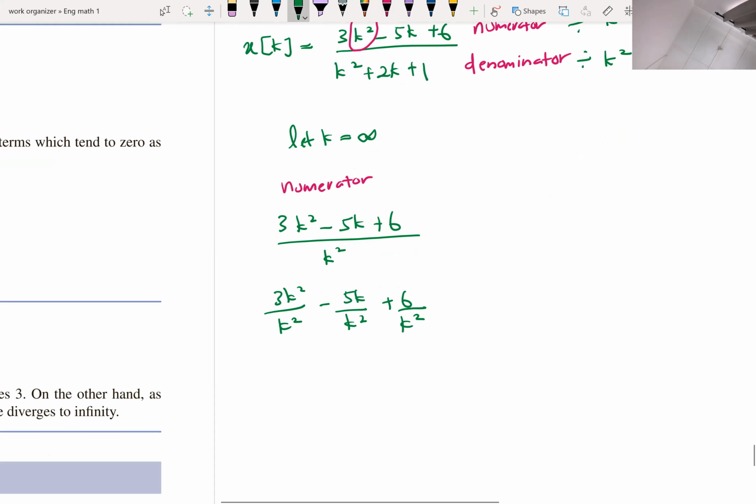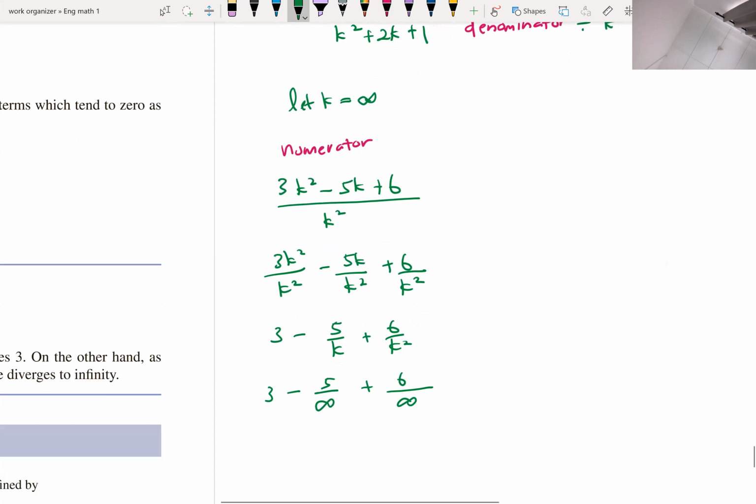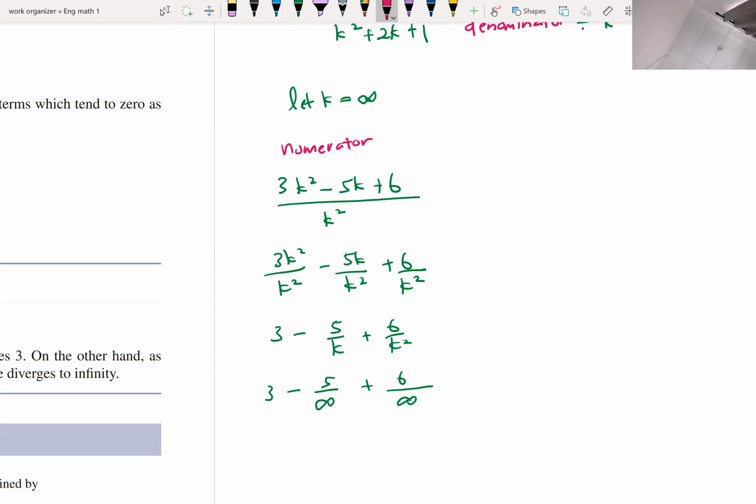So we get 3, minus 5 over k, plus 6 over k squared. Convert k into infinity: this one will be 0, this one also 0. So what is left is 3.